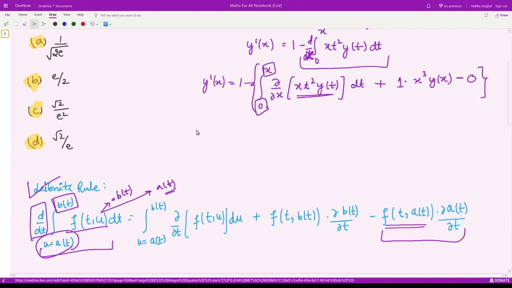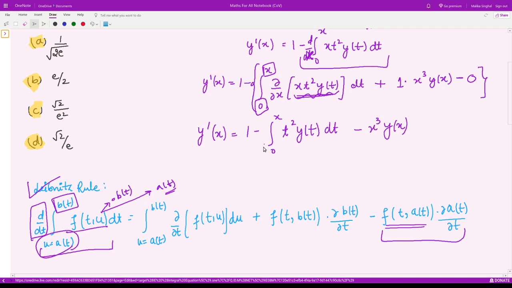So y dash x is equal to 1 minus the integration from 0 to x of t square y(t) dt, and minus x cube y of x.